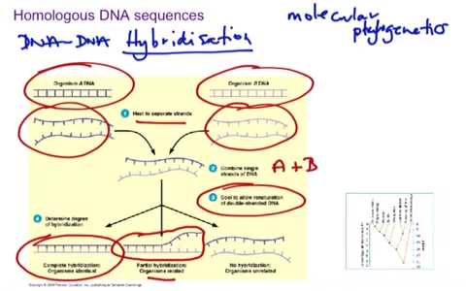And this is one of the ways you can work out the percentage similarity between species and how far apart or how long ago they diverged from a common ancestor. Of course, if there's very little or no hybridization, you would have to say that the two species are completely unrelated, and by completely unrelated we mean going a long way back in time since their common ancestor, and it may be tens of millions of years you're talking about here.